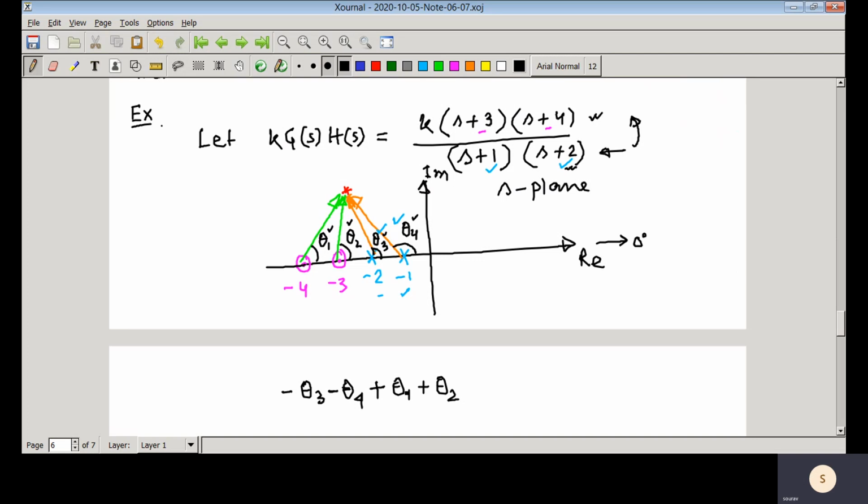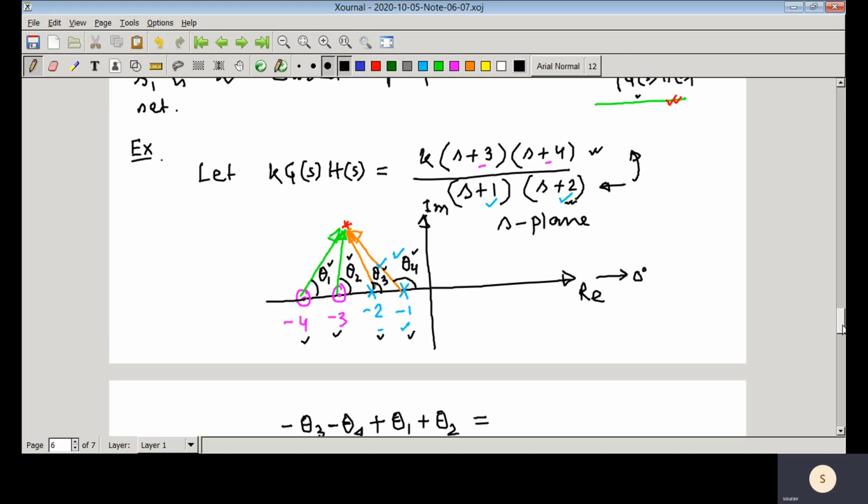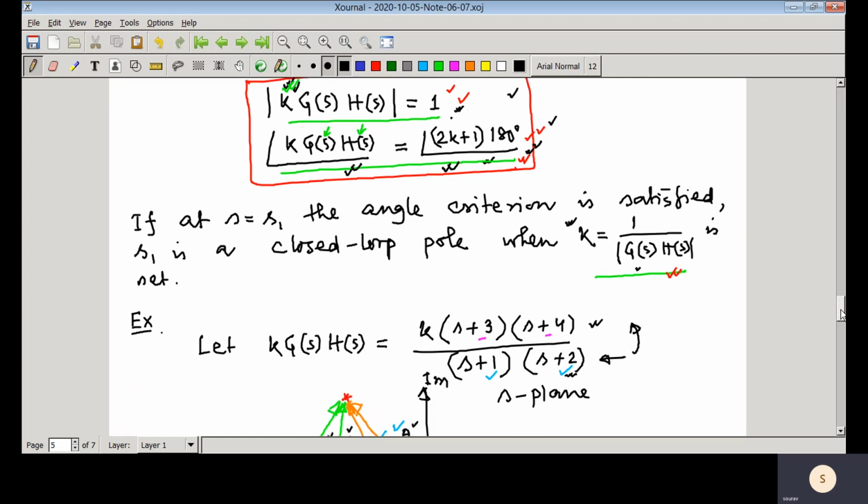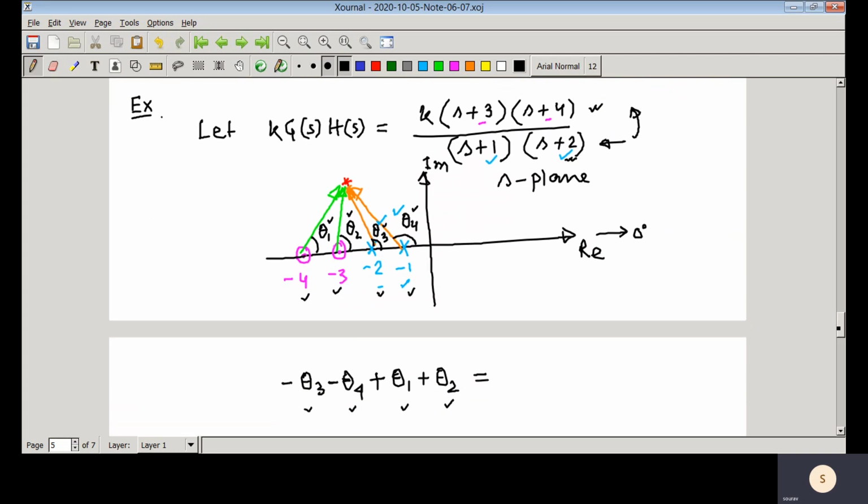So you can see here that these two angles are contributed by the zeros, and they are positive because they are in the numerator, and these two poles are contributing angles minus theta 3 and theta 4. If we add those four angles, they satisfy the phase condition, meaning the sum would be equal to (2k plus 1) times 180 degrees.